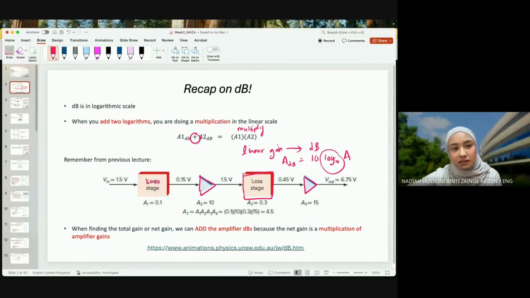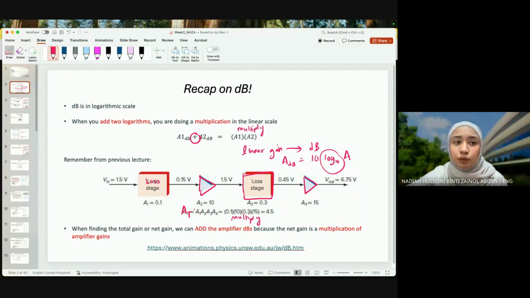When this is combined in this way, if it is in linear scale, you would multiply like this. So you have A1 times A2 times A3 times A4 to get the total gain or total attenuation.